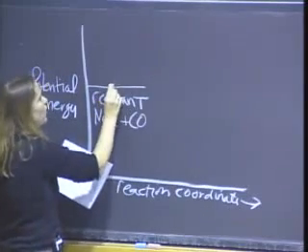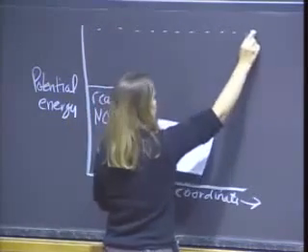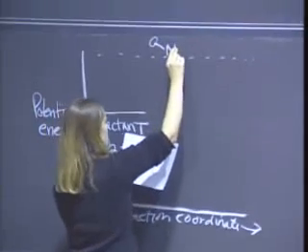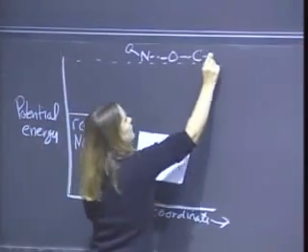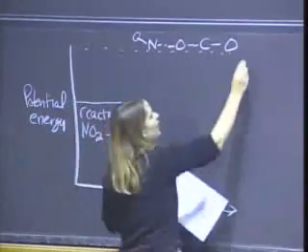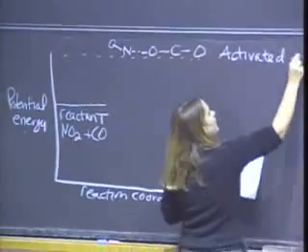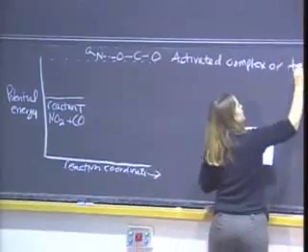They will need to form some kind of activated complex up here. So say there's bonds distorting and new bonds forming. So there's some kind of intermediate state, some kind of activated complex or transition state.